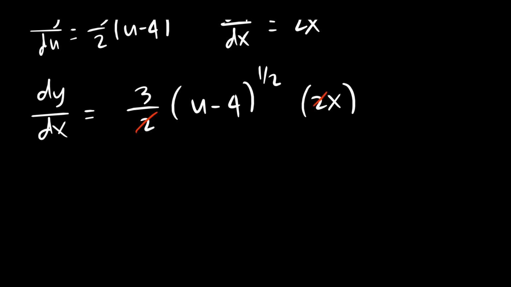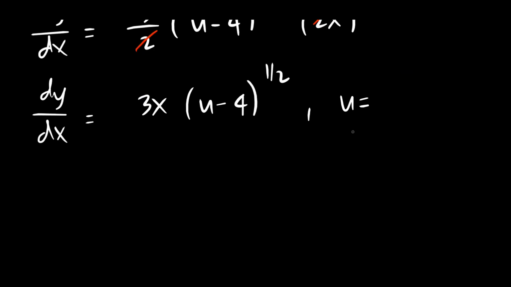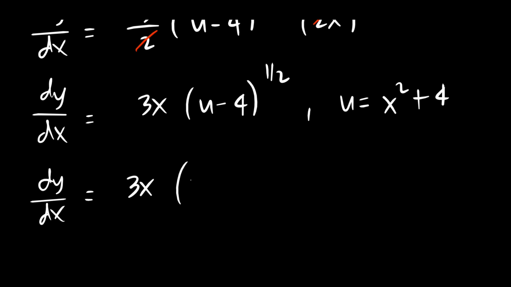And then we will have this factored simplified form: 3x multiplied by u minus 4 raised to the power of 1 half, but u is just equal to x squared plus 4. So u is equal to x squared plus 4. So we have dy over dx is equal to 3x multiplied by x squared plus 4 minus 4 raised to the power of 1 half.